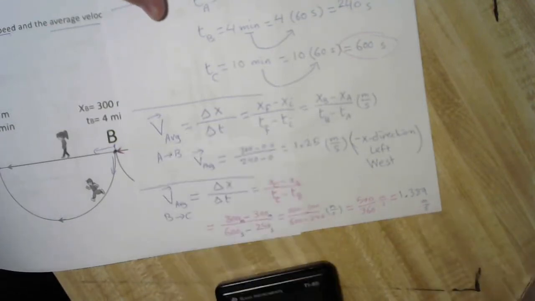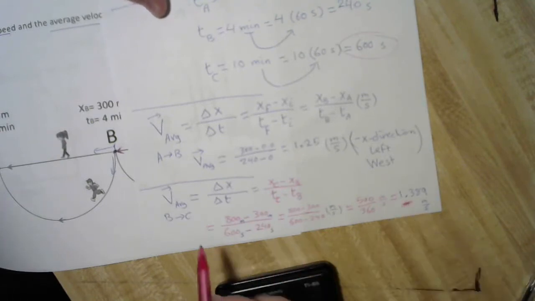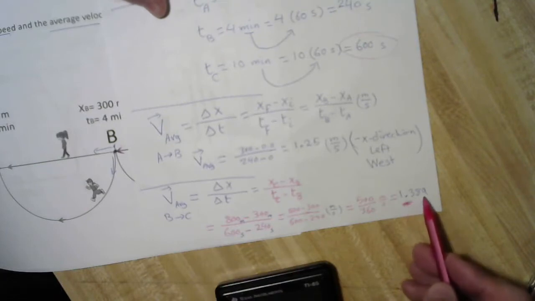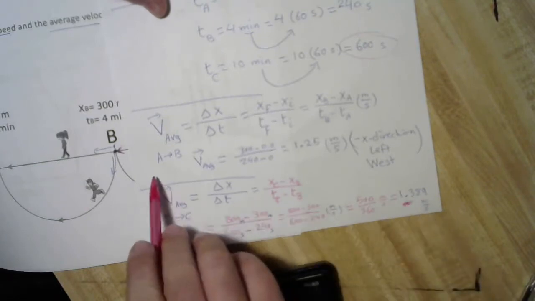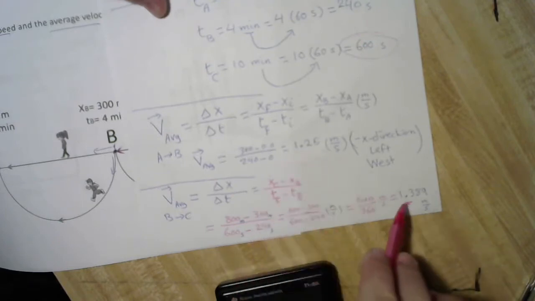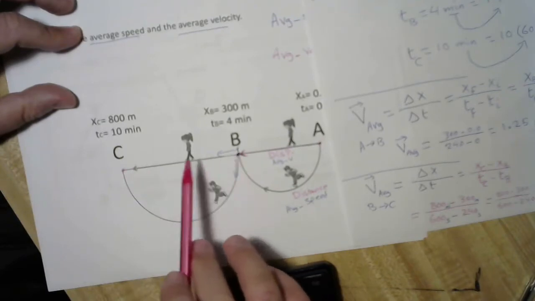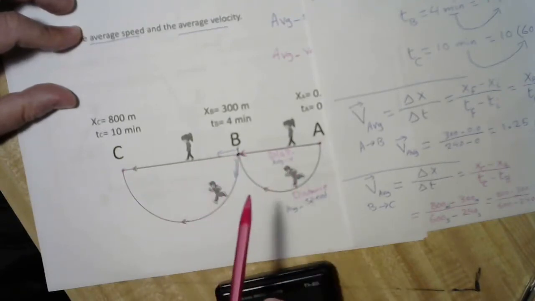We need to see here the velocity from B to C is 1.38, but the velocity from A to B is 1.25. Here, for the second part, the girl was faster than the first one.